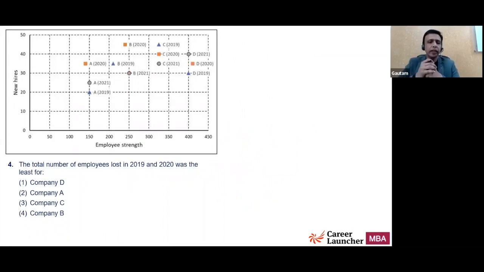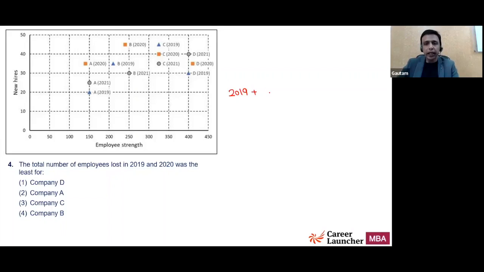The next in the series was talking about employees. So now I've only taken up the chart that was talking about employees. The total number of employees lost in 2019 and 2020. Now logically understand, when I'm talking about the number of employees that have left the company, the total number of employees at the beginning of 2019 is what they begin with.